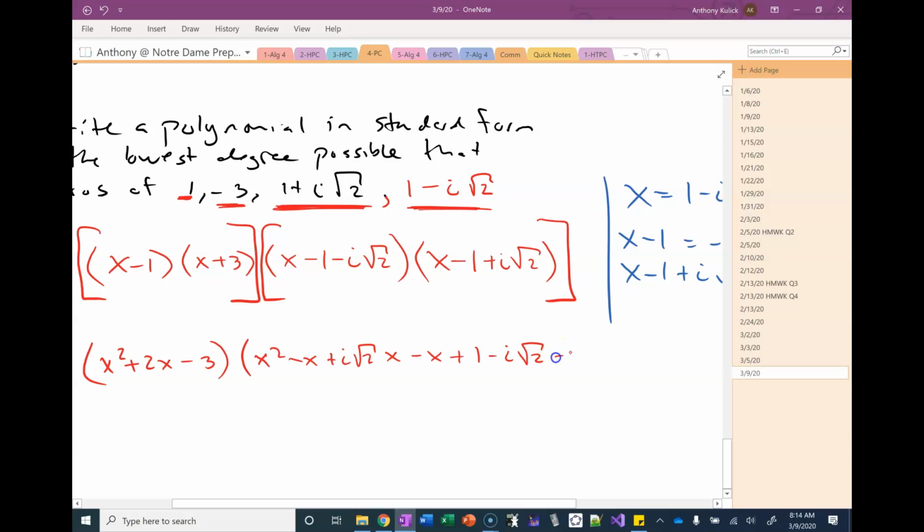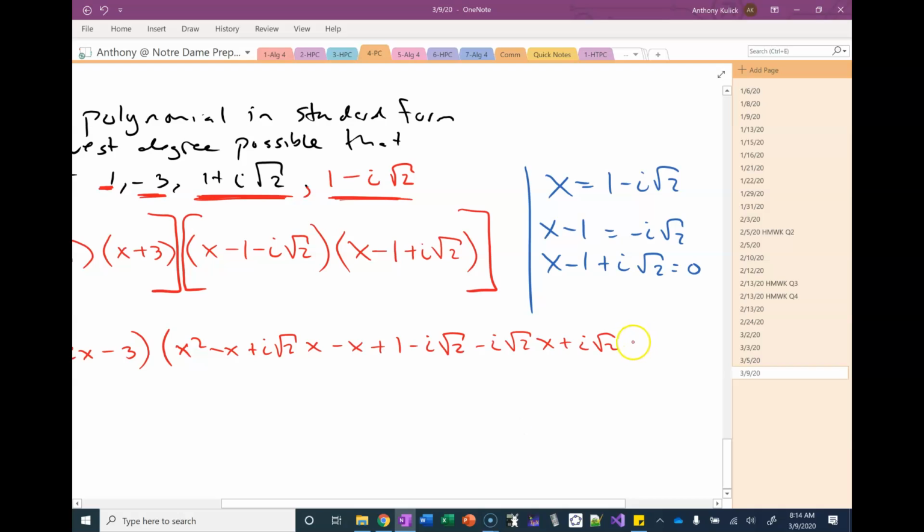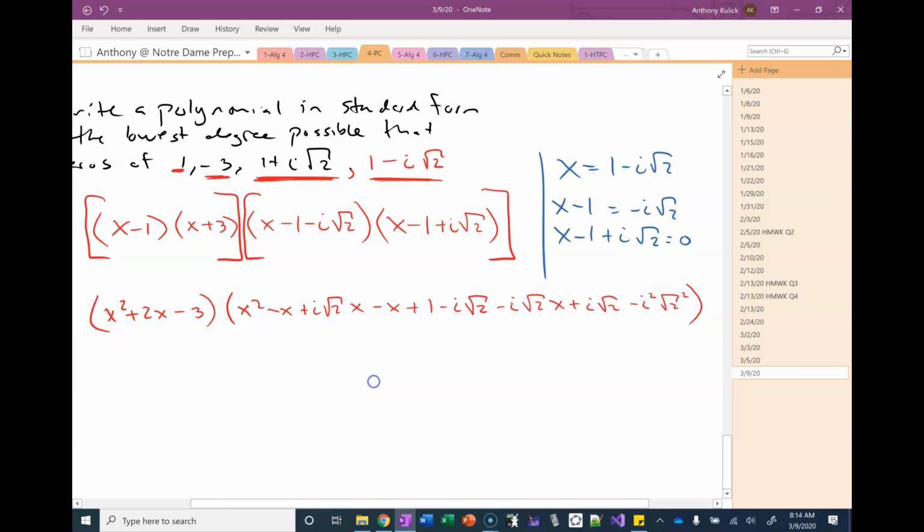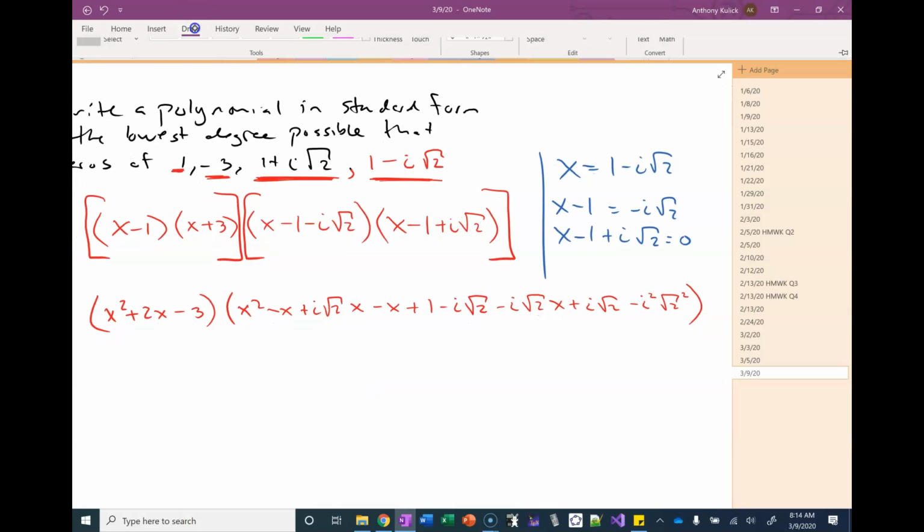Then I get minus I square root 2x plus I square root 2. And then I get a minus I squared times square root 2 squared. I'm sorry.